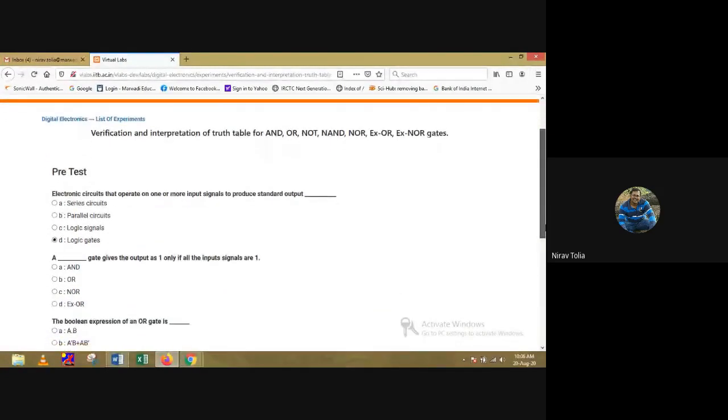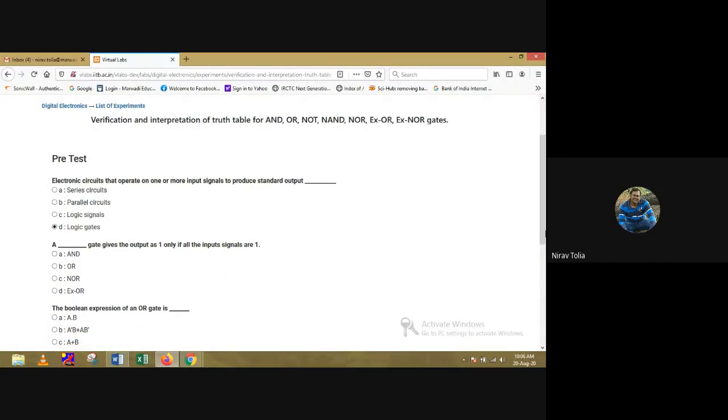Now my second question. A gate gives the output as 1 only if all the input signals are 1. So which is that gate which gives the output 1 only if all the input signals are 1?